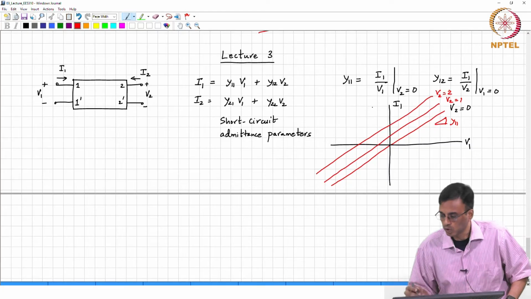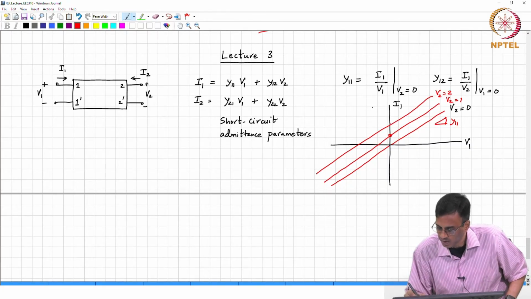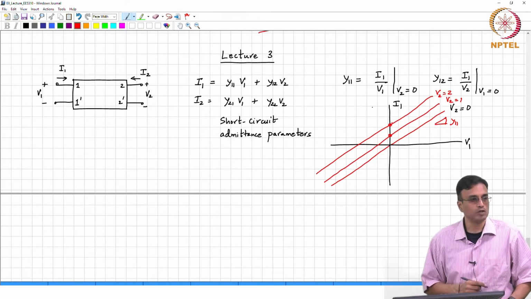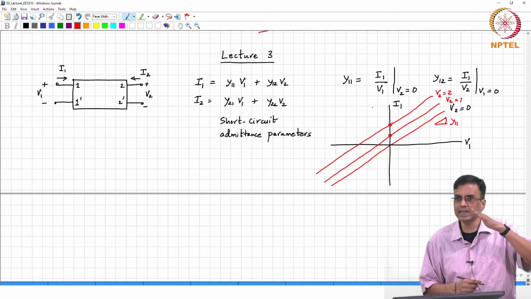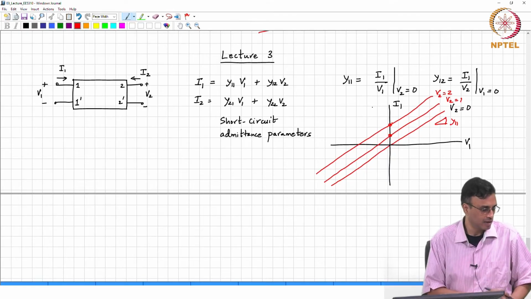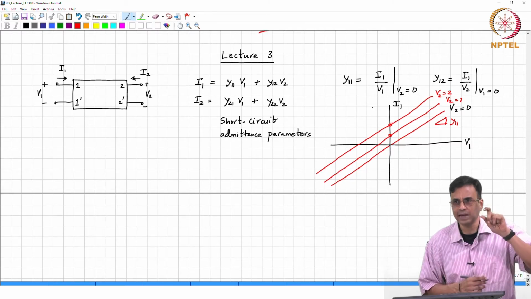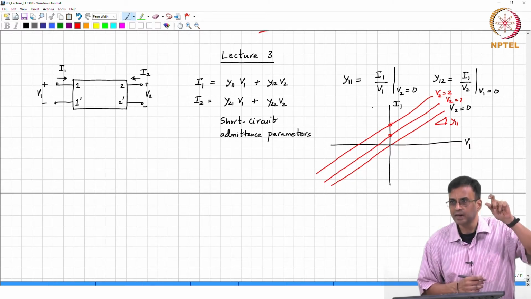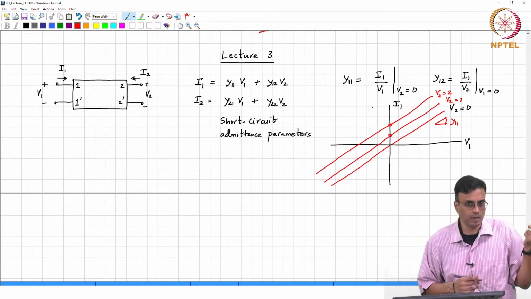For various values of V2, you will get a family of curves. In this particular case, because the 2 port is linear, there will be a family of lines where the spacing between the lines will be identical for identical increments in V2.